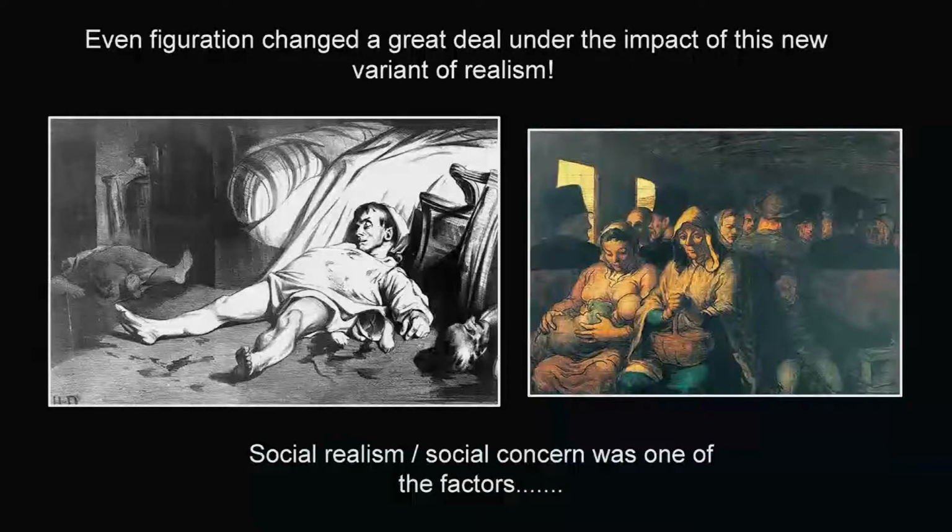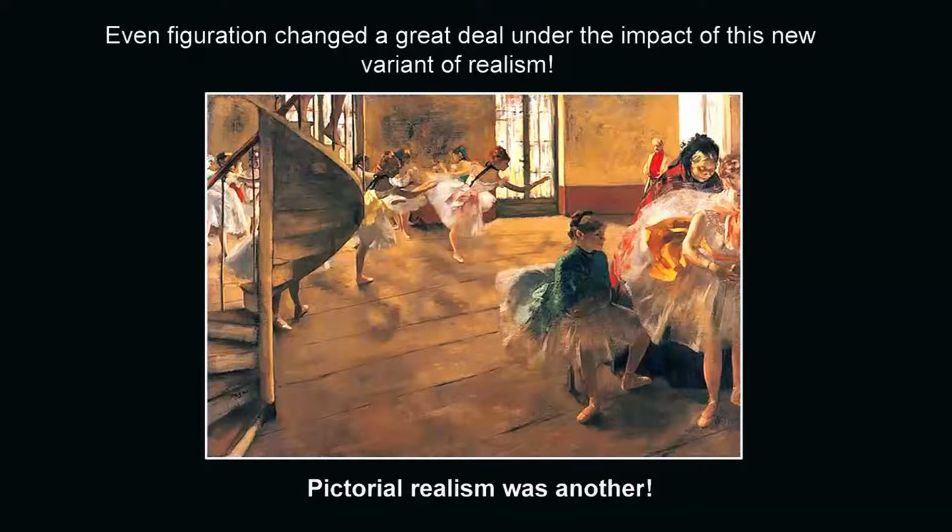So, even figuration changed a great deal under the impact of this new variant of realism, and social concern was one of the major factors. And then you have different kinds of figurations when pictorial realism and a different kind of pictorial framing became the new concern for many painters, for example, Degas.